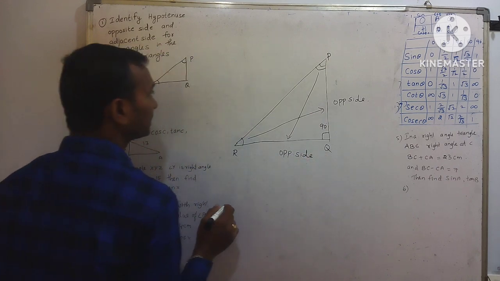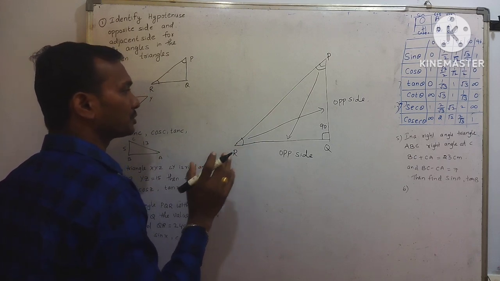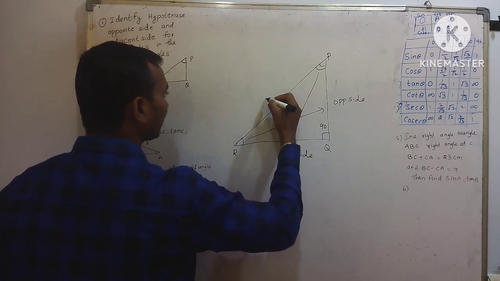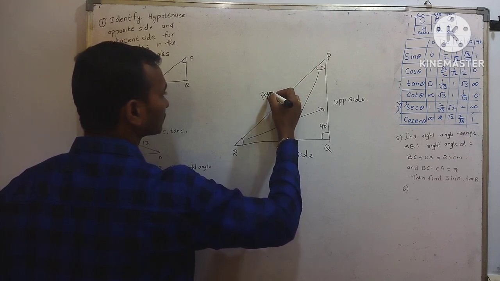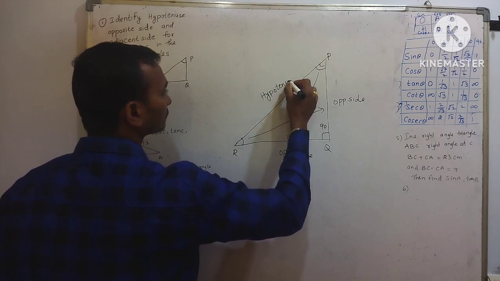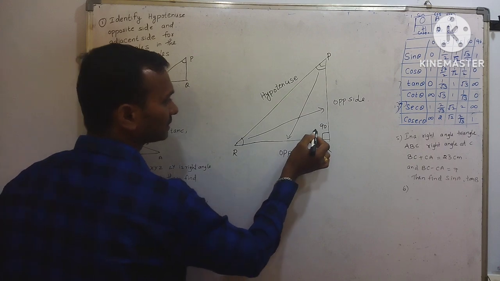So now what is being asked? Just identify the hypotenuse, adjacent and opposite. The longest side in a triangle is called the hypotenuse. So this is the hypotenuse.